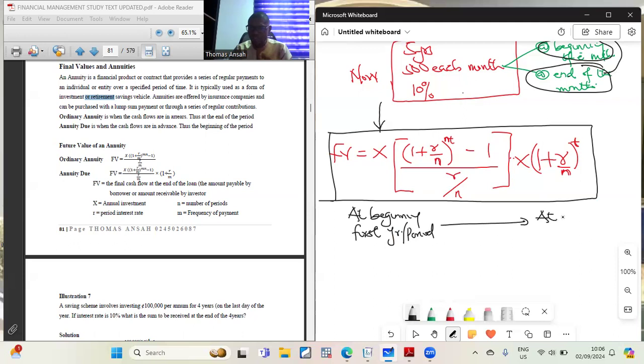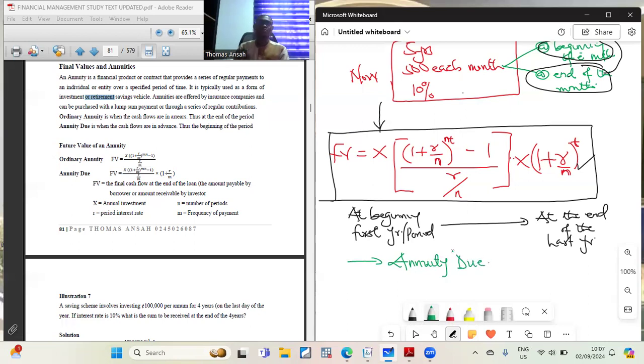At the end of the last year. Now, if you use this formula, because it is giving you from the beginning of the first year, and it is ending you at the last day of the last year, this formula with this side inclusive is the formula for what we call the annuity due.